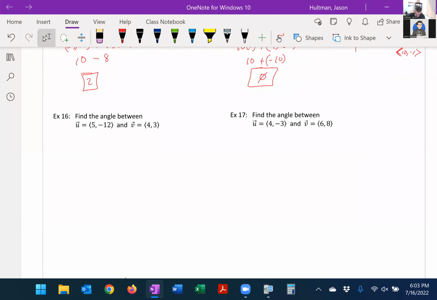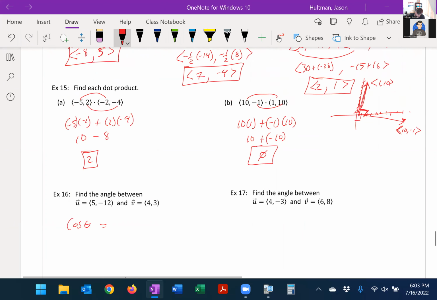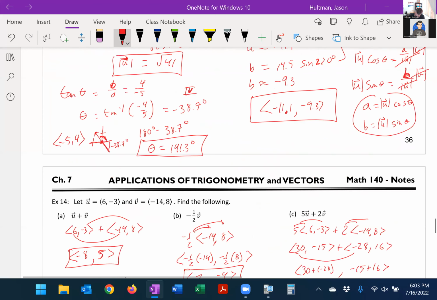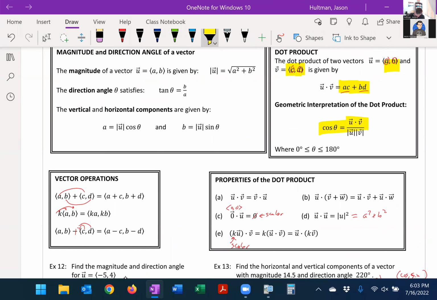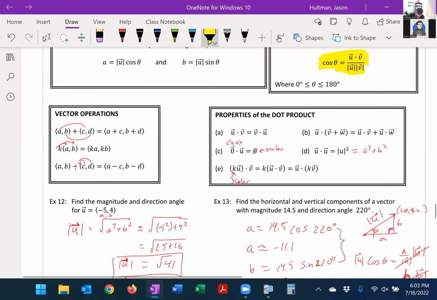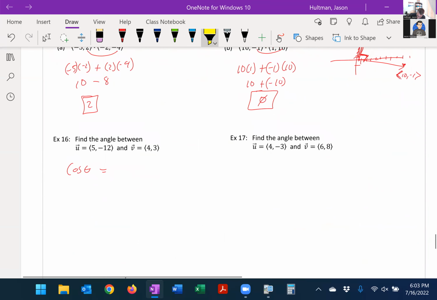Okay, find the angle between these. So we have the cosine of theta is equal to, let's go back to our formula here. The cosine of theta is equal to the dot product of the vectors divided by their magnitudes being multiplied. So we have u dotted with v over the magnitude of u times, there's no dot here, the magnitude of v.